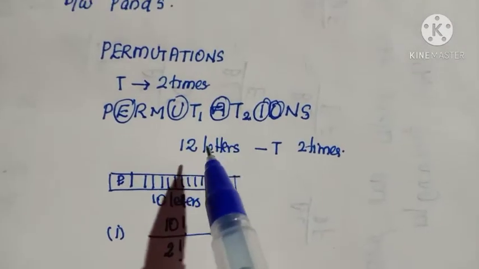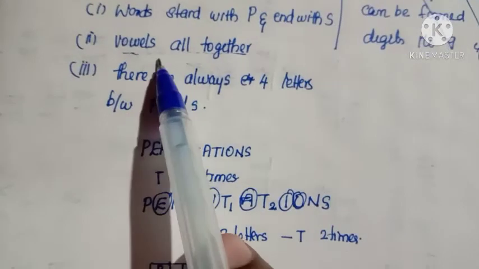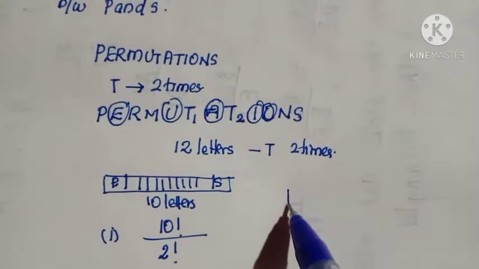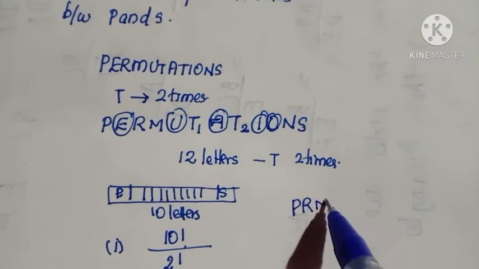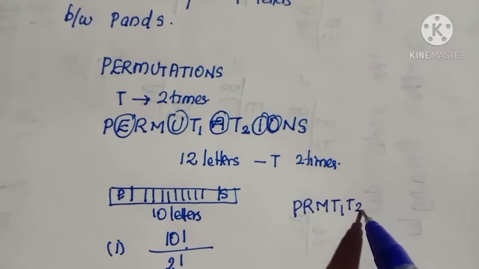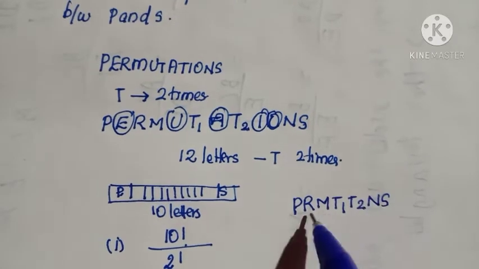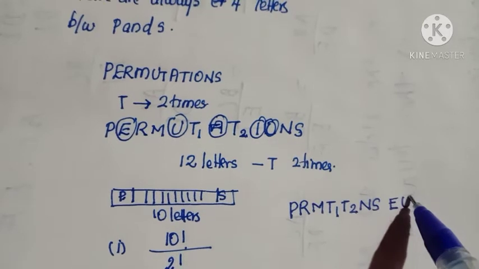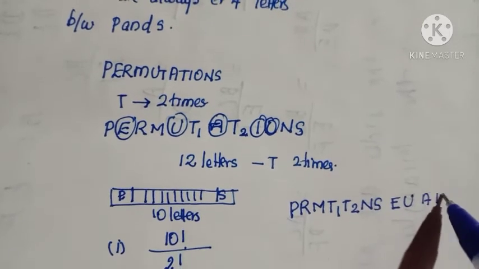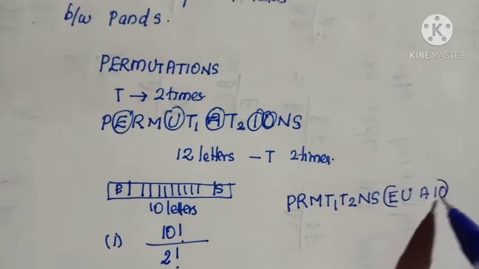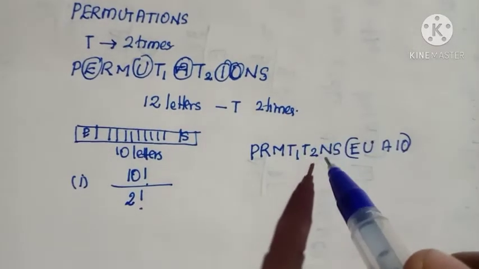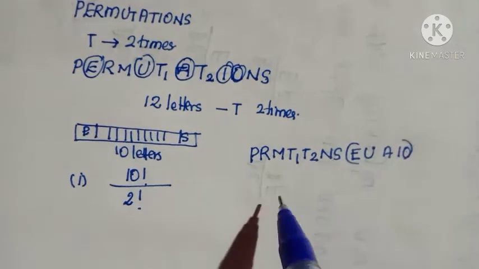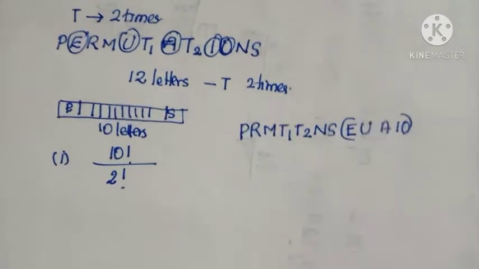The consonants are P, R, M, T1, T2, N, S. Then the vowels are E, U, A, I, O. In the arrangements, we need all vowels to occur together.